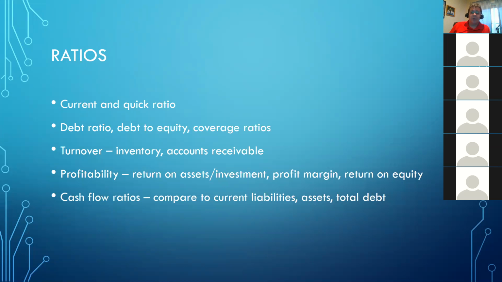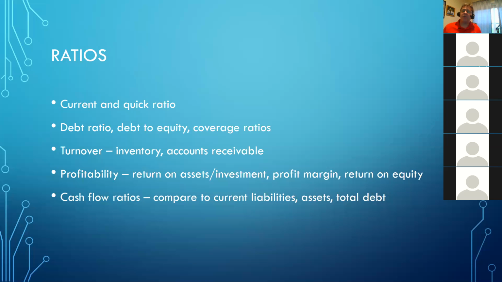All right, turnover ratios. We have 2 that we probably look at the most, and that's inventory turnover and accounts receivable turnover. For inventory, you're comparing cost of goods sold with your average inventory. And for accounts receivable turnover, you're comparing sales with average accounts receivable.